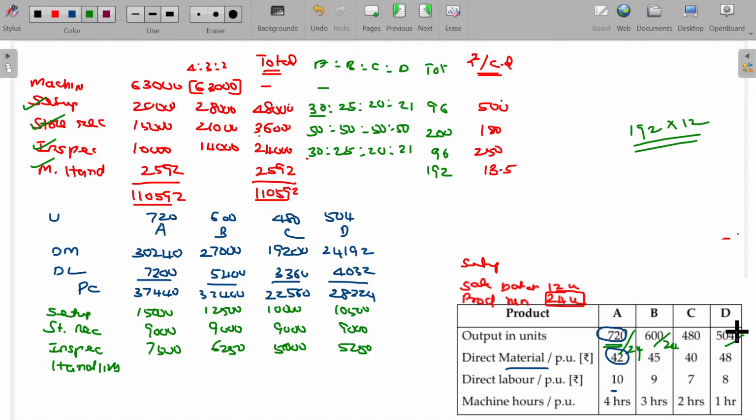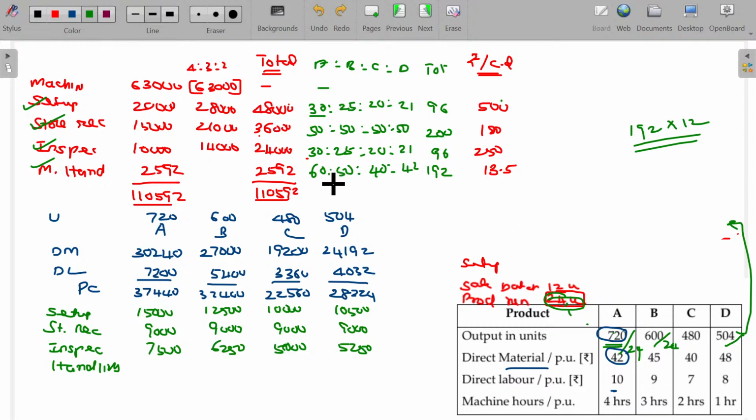Otherwise, you divide the output by 12. 720 divided by 12 is just 2 times of this value. 60, 50, 40, 42. If you divide by 12, half of 24, the value will be double. That's how we can get the answer easily.